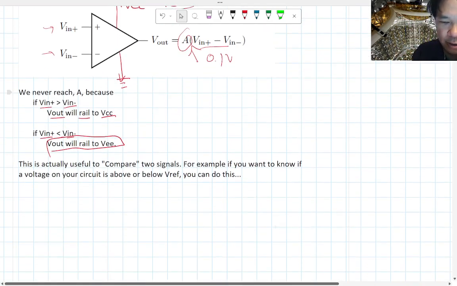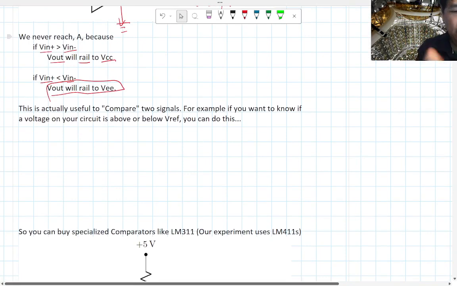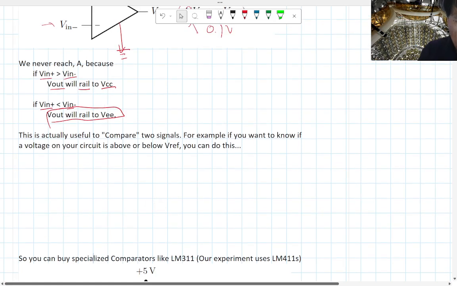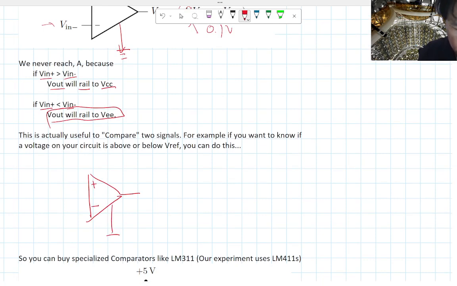For example, I'm going to add a little bit more to this. Let's say I have a little voltage divider here. This is to the 5 volts. I'm going to put another 5 volts here.